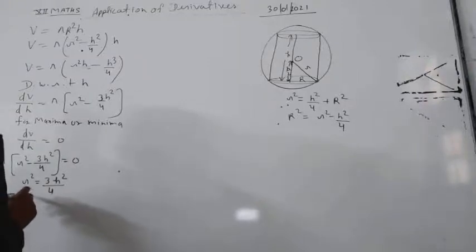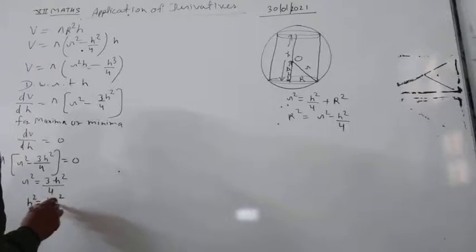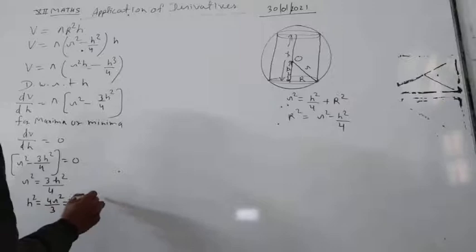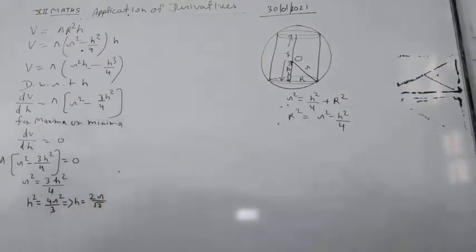From here we can find our h square, which is 4r square by 3, and this implies our h is 2r by root 3. Okay, students, so h is 2r by root 3.